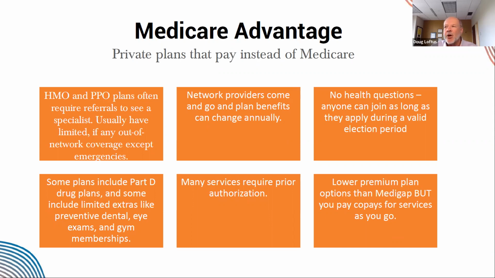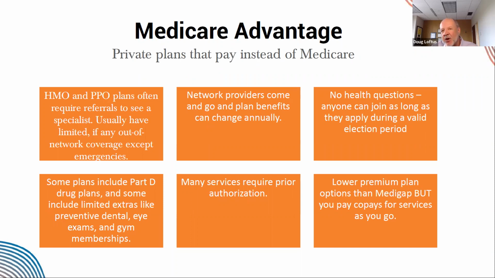So each year you have to look to see what benefits the plan is covering, what the deductibles and copays are. Has the provider network changed? Is your doctor in the network? Those change annually, so you have to pay attention to that every year when your new materials come out prior to the annual enrollment period.